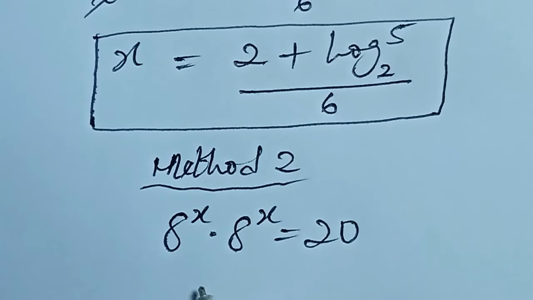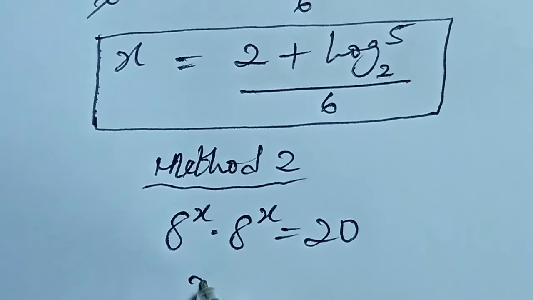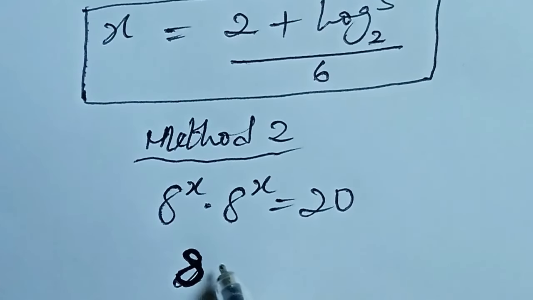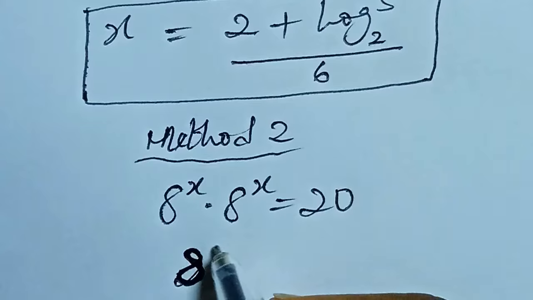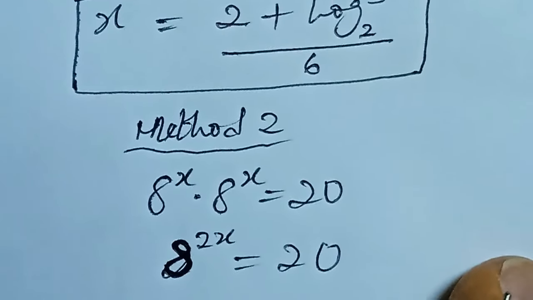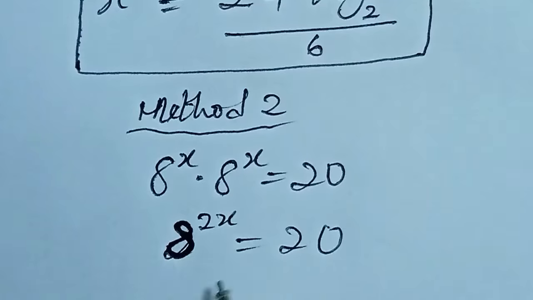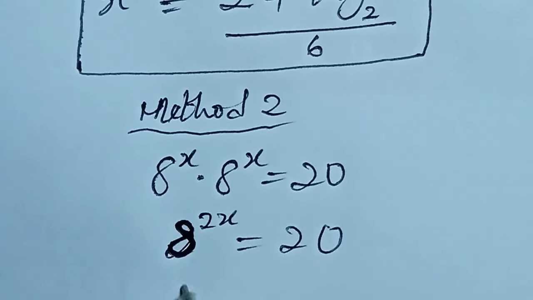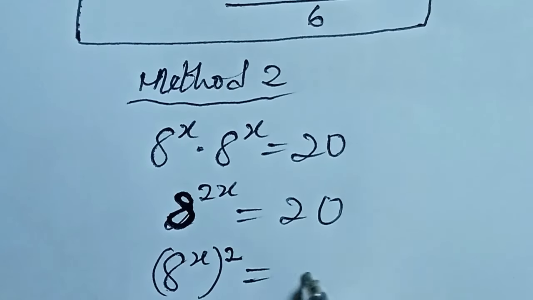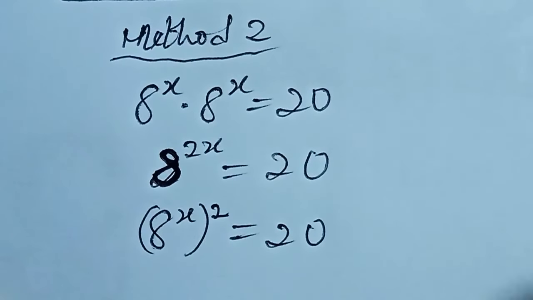So this can be simplified as 8 to the power of 2x equal to 20. Now from here we can rewrite this left hand side as 8 to the power of x into bracket to the power of 2 equal to 20.